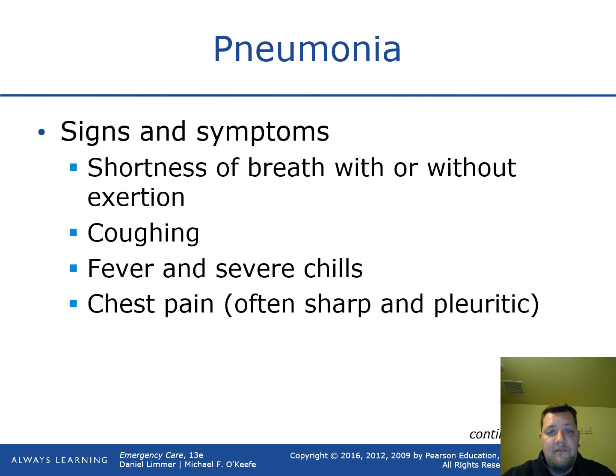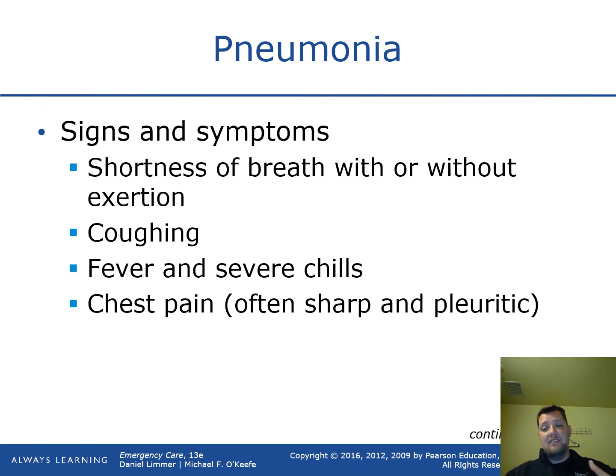So signs and symptoms of pneumonia: shortness of breath with or without exertion, coughing, fever, severe chills, and chest pain. It's often sharp and pleuritic. Remember, we've got the pleural space that surrounds the lungs and the chest cavity.